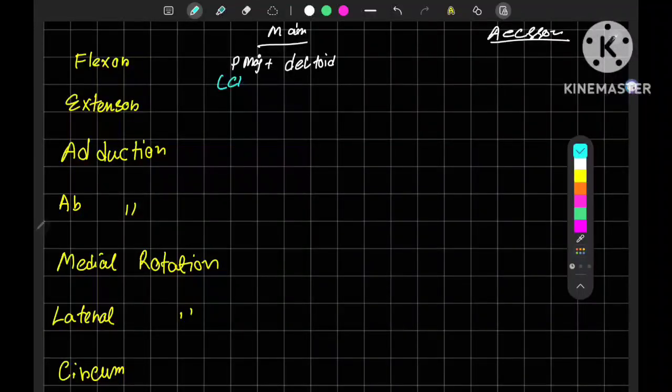This is the clavicular head of the pectoralis major, and the anterior fiber of the deltoid is responsible for that, and then the coracobrachialis and the biceps brachii, short head. So flexion is complete, and then the extension.